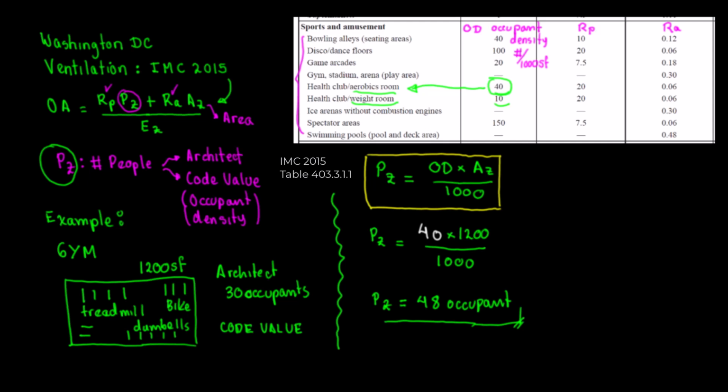So in this case, remember, this formula is very, very important because you're going to be using it a lot. It's usually used when you don't have the number of occupants: PZ equals occupant density times area divided by 1000.